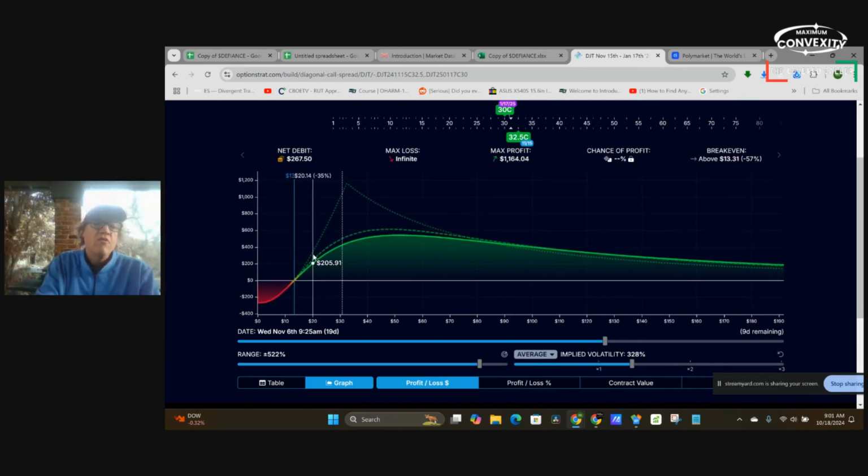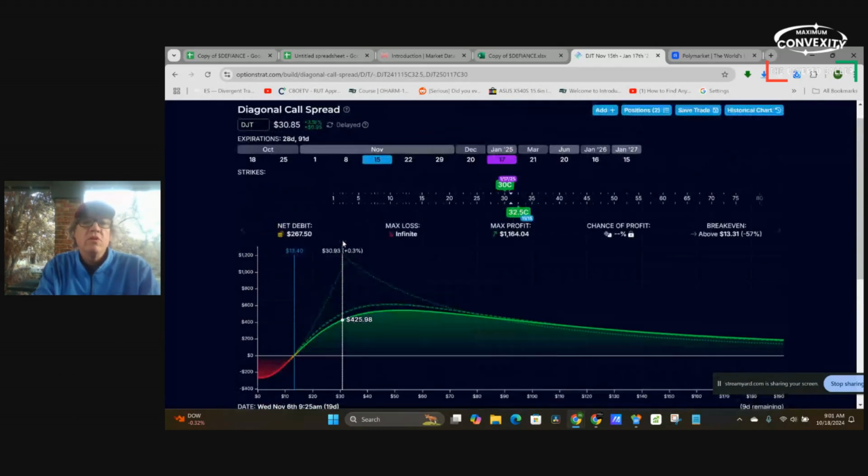But this trade, if you're trying to make $200, really, this trade needs to make $390, because a win on this trade needs to replace what you lose on the other trade. So it'd make $425 if the market went nowhere.